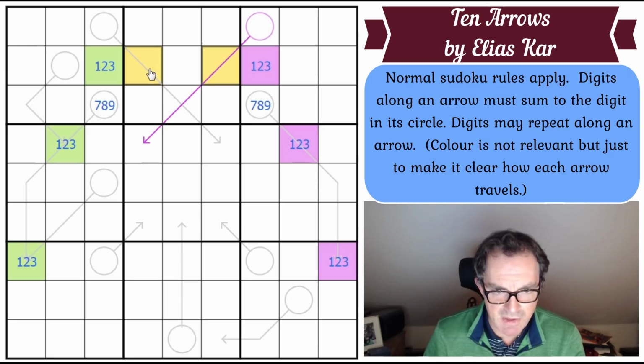I suppose we can put it that way. One of these cells is at least equal to 4, and one of these cells is at least equal to 4. The reason we can see that is we could make one of the digits low, but then the other digit obviously now can't be 1, 2, or 3, so it would have to be at least equal to 4.